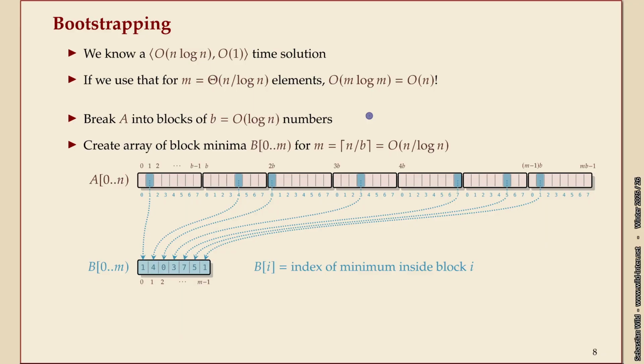How can you use this here? One option is you break the array up into blocks of roughly log n numbers. Then you take the minimum of each of the blocks, and that's the array that you feed into the previous solution with the n log n pre-processing time and constant query time.